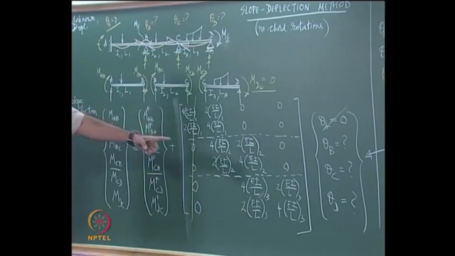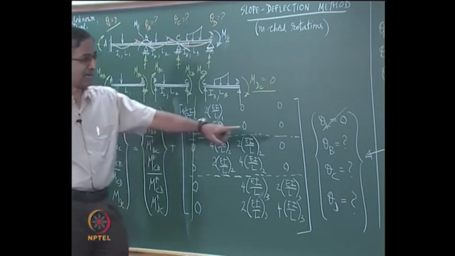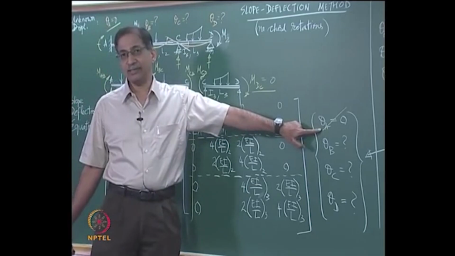How do you find the unknown rotations in displacement methods? By invoking equations of equilibrium. Now, corresponding to each unknown rotation, in this case, you have an equilibrium equation. Now, since theta A is 0, it is known.